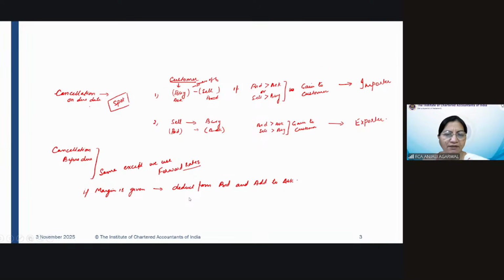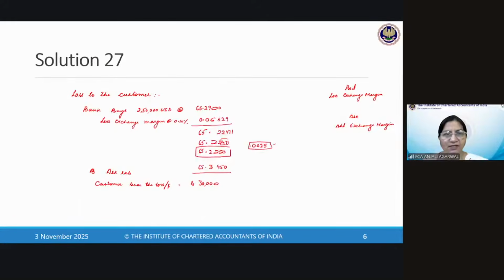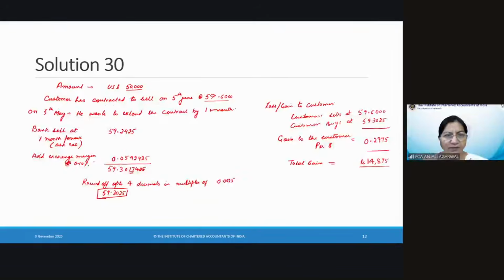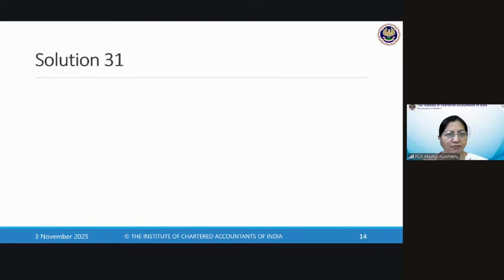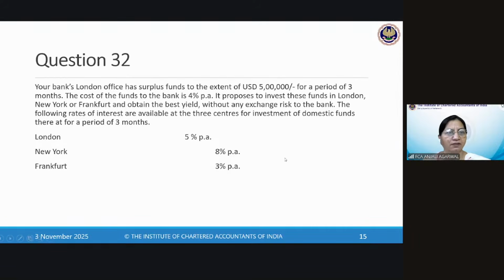Similarly, you will calculate the rates applicable for the extension. Once again, if the customer is an importer, the ask rates would be calculated for extension. But if the customer is exporter, bid rate would be calculated for the exporter. Right? So this is the summary of what we have just done. Let's do one or two multiple choice questions on this. Then we'll come on to the next question.